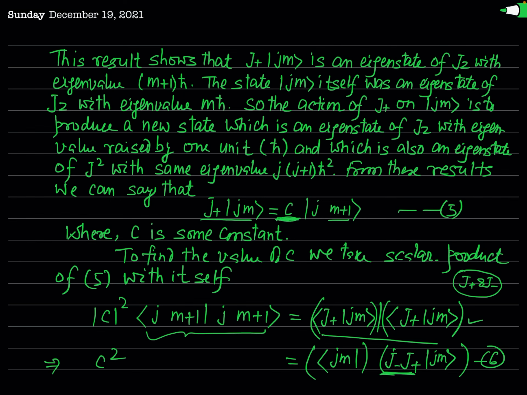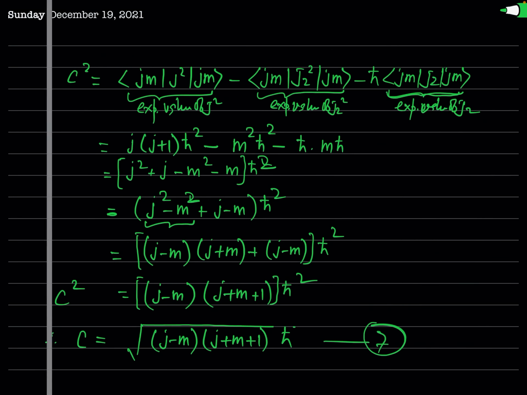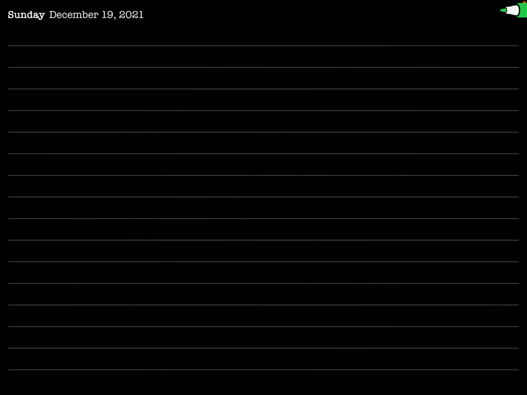So when we use the value of c in equation 5, J plus operated on the state ket J m is equal to the square root of J minus m times J plus m plus 1, times h bar, and ket J m plus 1.